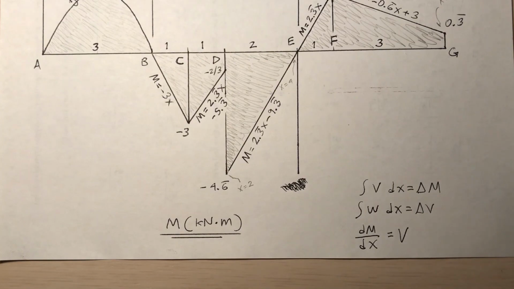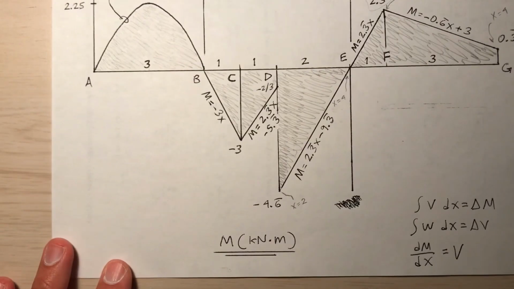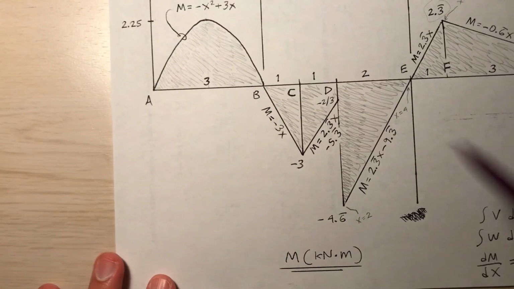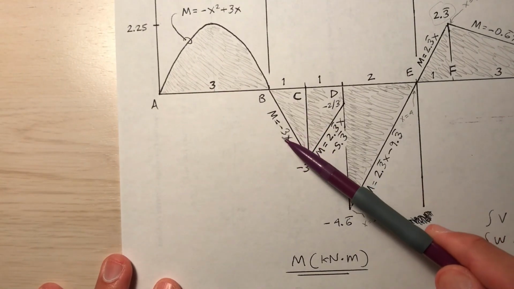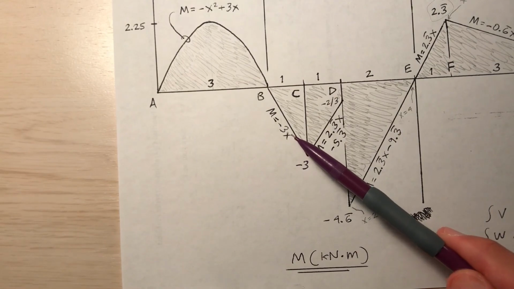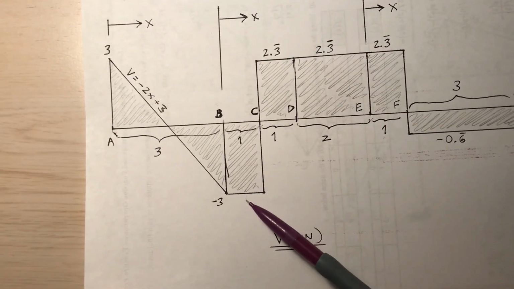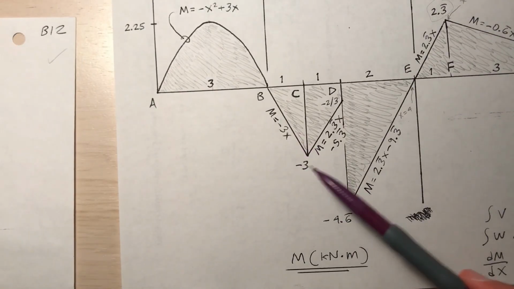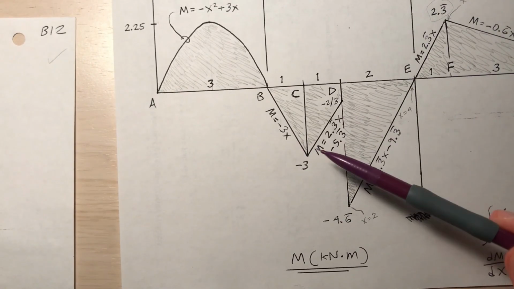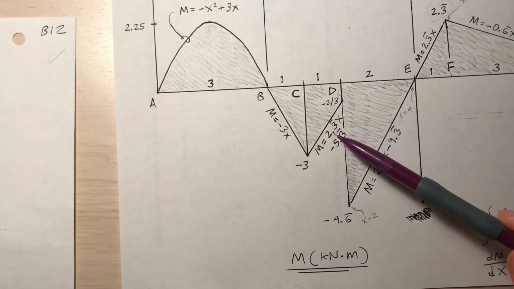Okay, what does that mean? So, for example, let me pick something easy here that I don't actually have to differentiate. Between B and C, the slope is negative 3, isn't it? Go back to the shear diagram. Isn't that the value of shear, negative 3? So that makes sense. Now what about between C and D? The slope is 2 1/3.